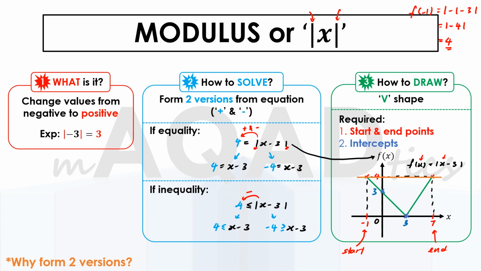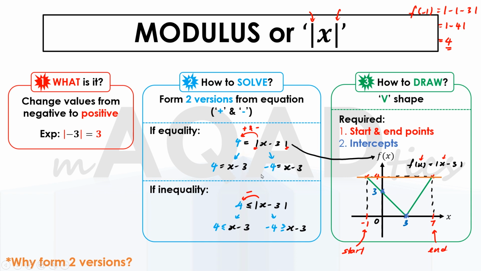Okay. So in order to find these two x values, as you can see here, so this is the example. If I sub f of x with 4, this is my equation. Okay, and then because I want to find the two x values, I need to split them by including two versions. One is the positive version and one is the negative version.